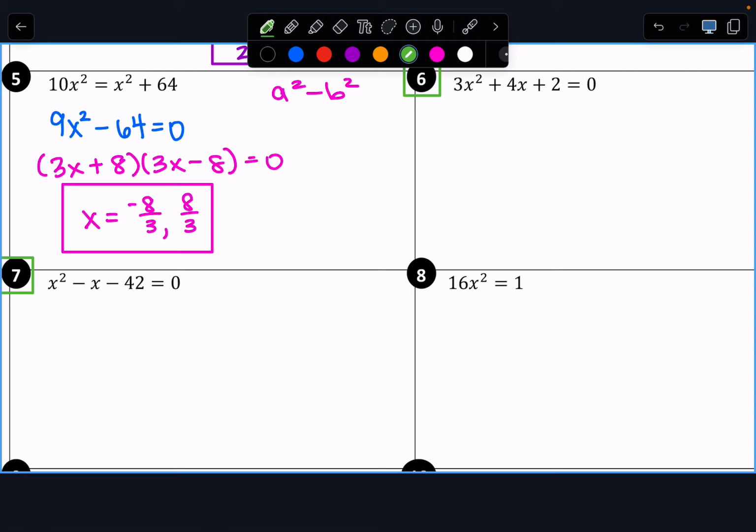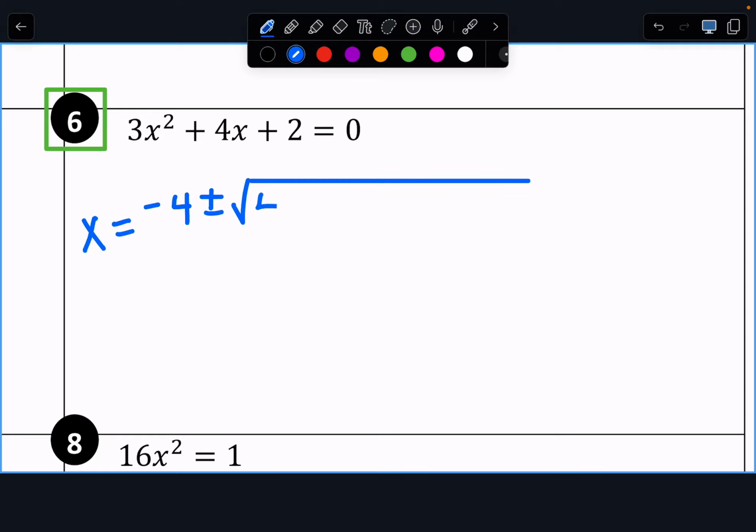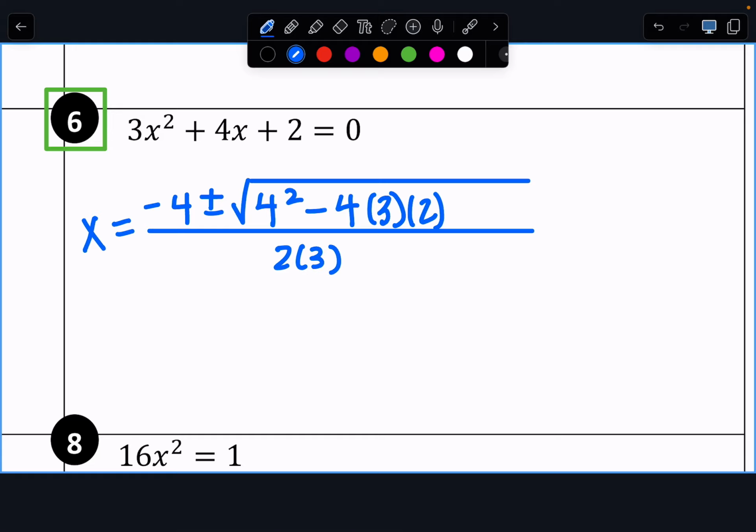Okay, were you able to factor number 6? No. Did somebody say yes? Oh, okay. Yeah, you can. So I'm hearing that many students tried the quadratic formula. All right.